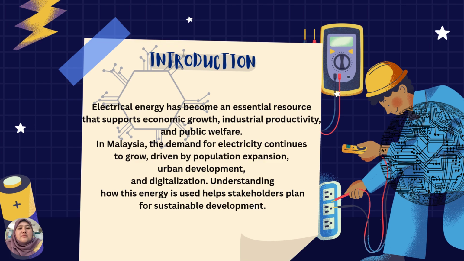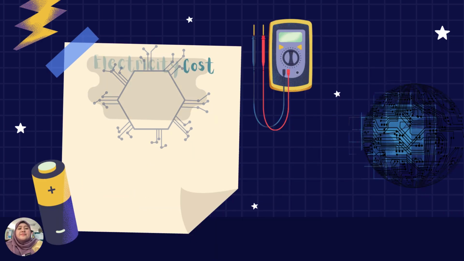For the introduction, electrical energy has become an essential resource that supports economic growth, industrial productivity, and public welfare. In Malaysia, the demand for electricity continues to grow, driven by population expansion, urban development, and digitalization. Understanding how this energy is used helps stakeholders plan for sustainable development.